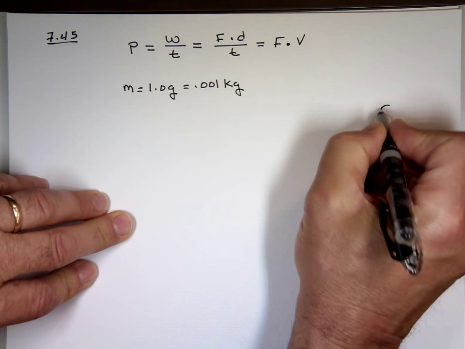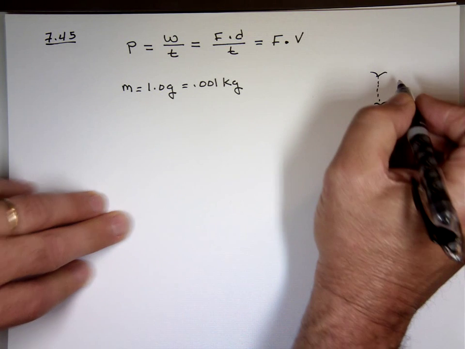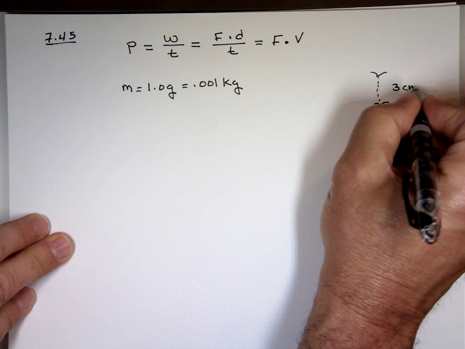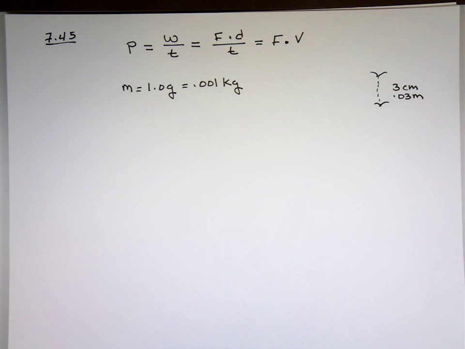Here's my fly, and it's walking upward. And it walked up 3 centimeters, which is 0.03 meters. Express your answer using 2 significant figures. How much work is done? Done by the fly, obviously. She's the one doing all the work to walk up, or spider, whatever the case is.